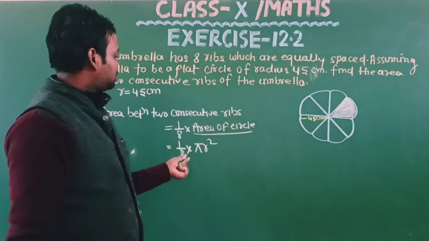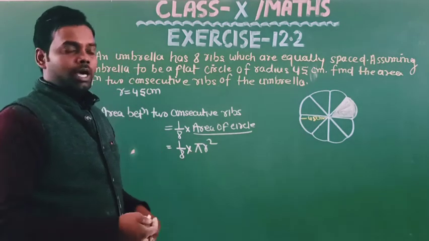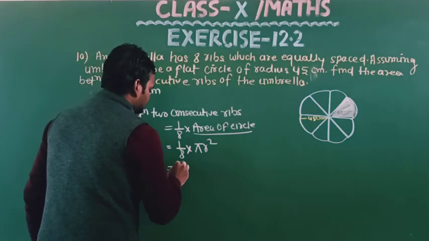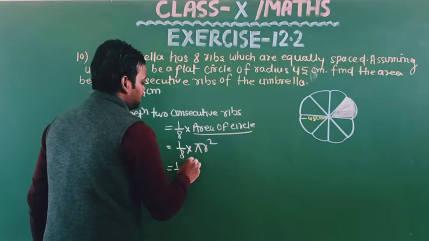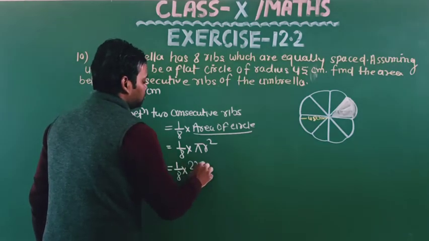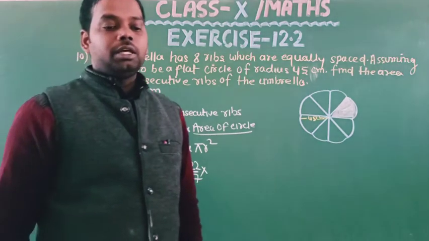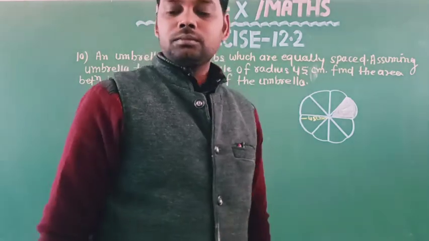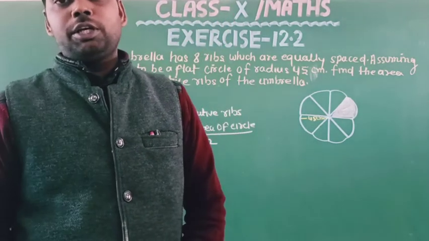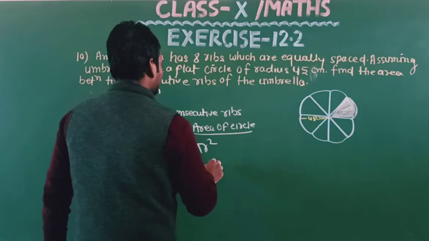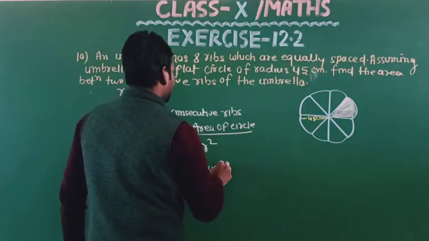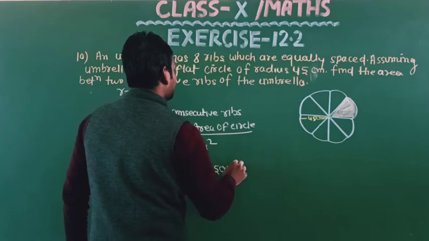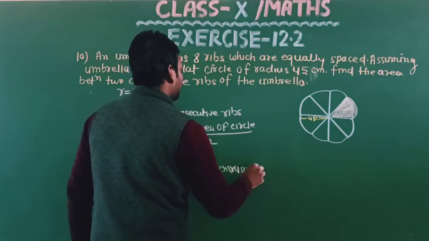Now substituting the values of pi and r, pi is 22 by 7 and radius is 45 centimeter, 45 centimeter into 45 centimeter.